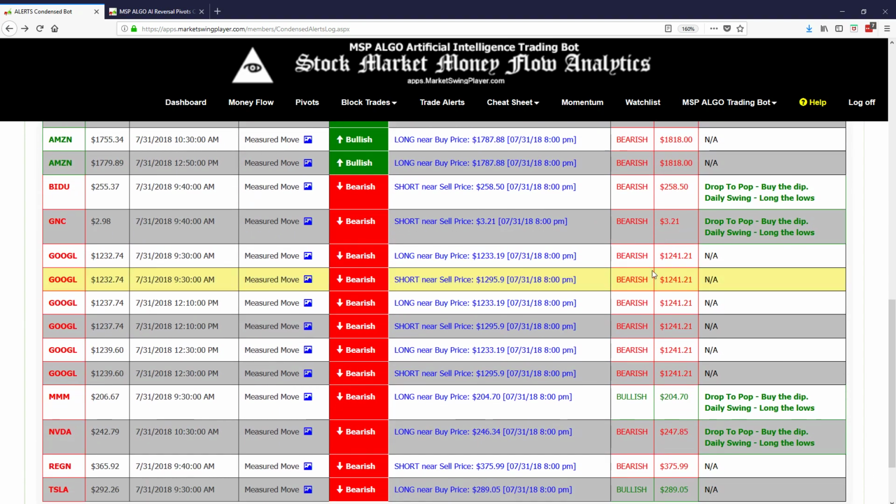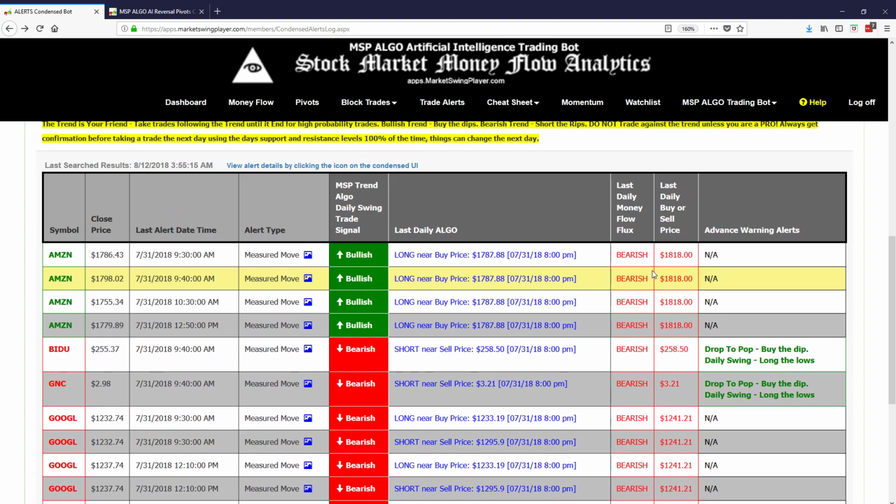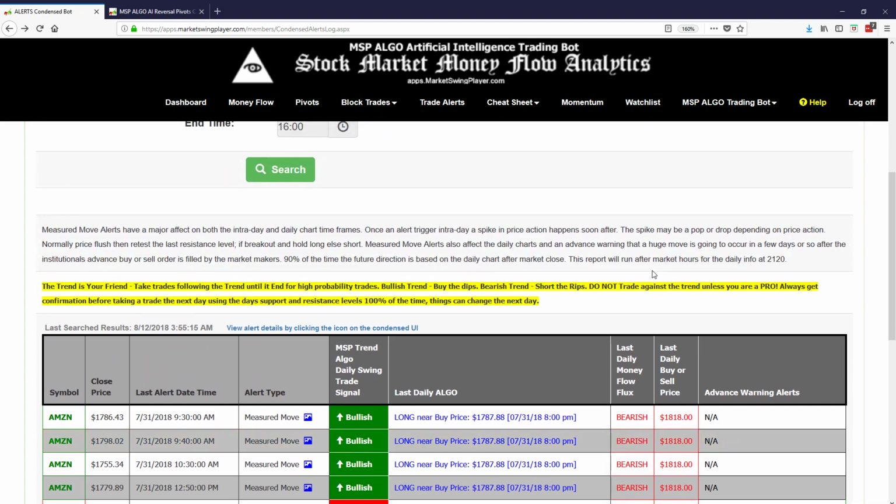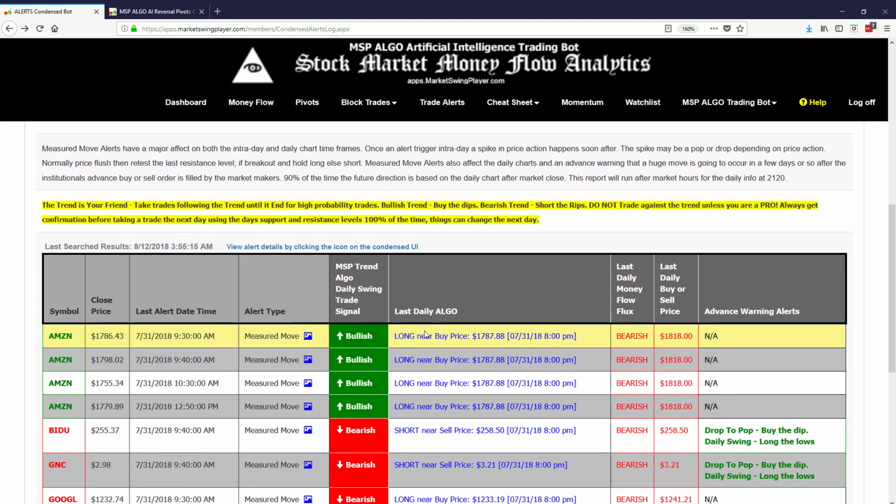Okay, so what is a measured move alert? Well, I gave you a description, but it's hard to tell by just reading the description. So what I'm going to do is we're going to look at a chart of Amazon.